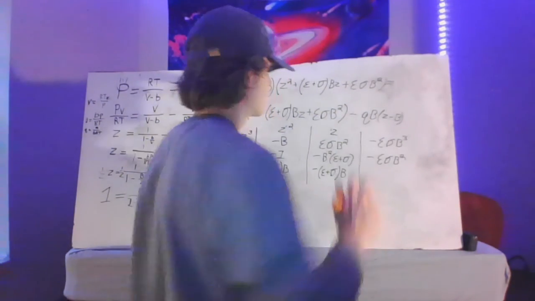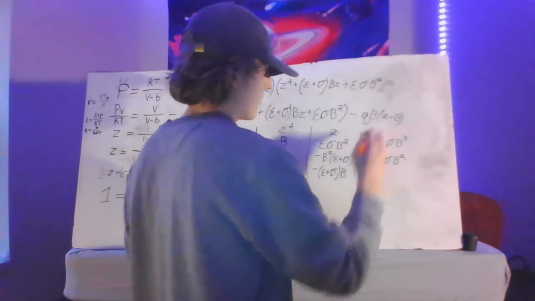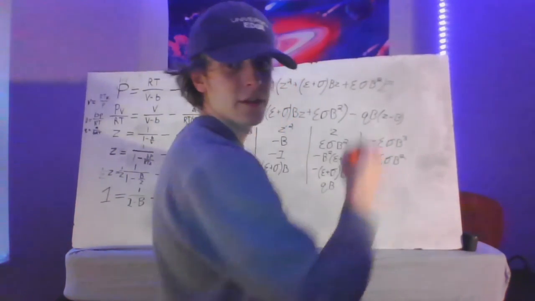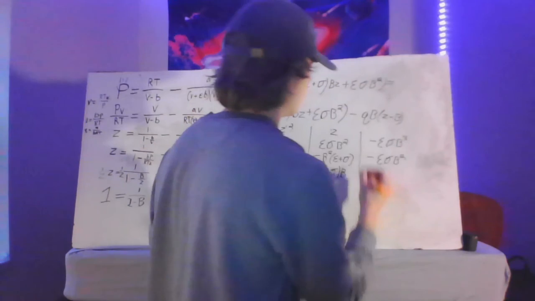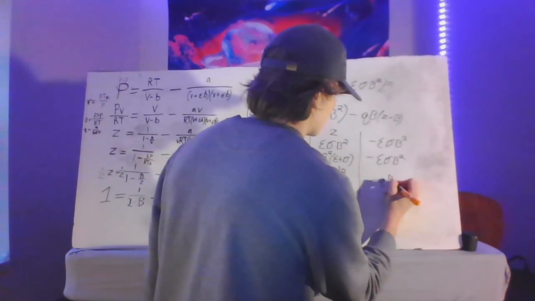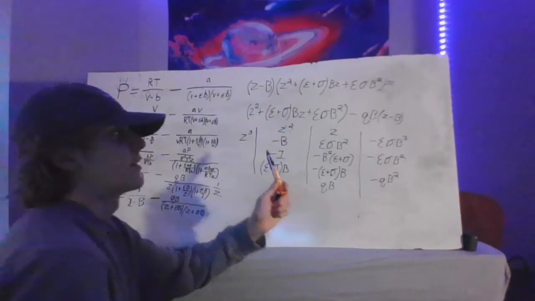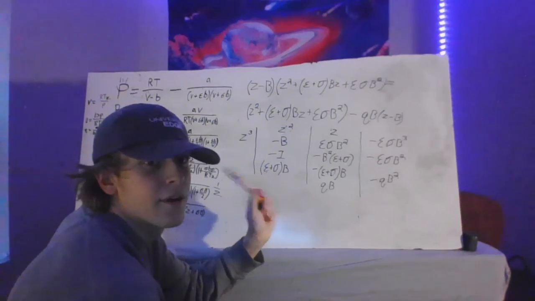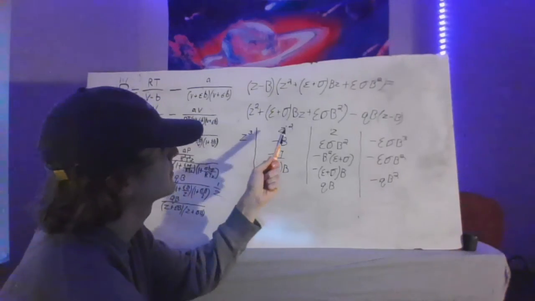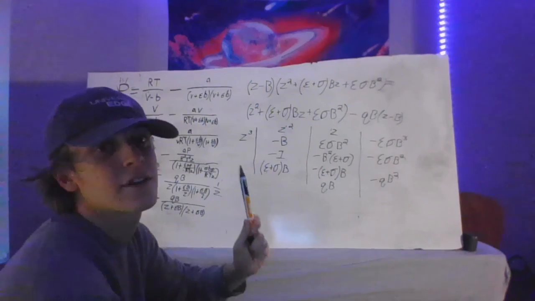And then finally we have the values from here, which will be a positive Q beta Z, and a negative Q beta squared. So now we have a cubic polynomial expression in terms of the compressibility factor from the generic cubic equation of state.